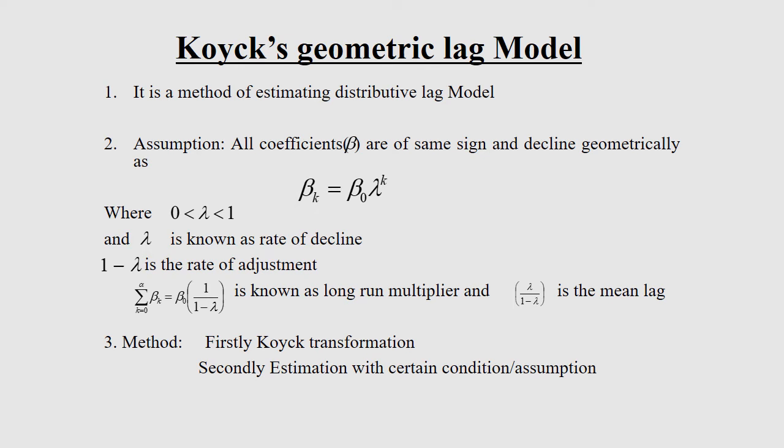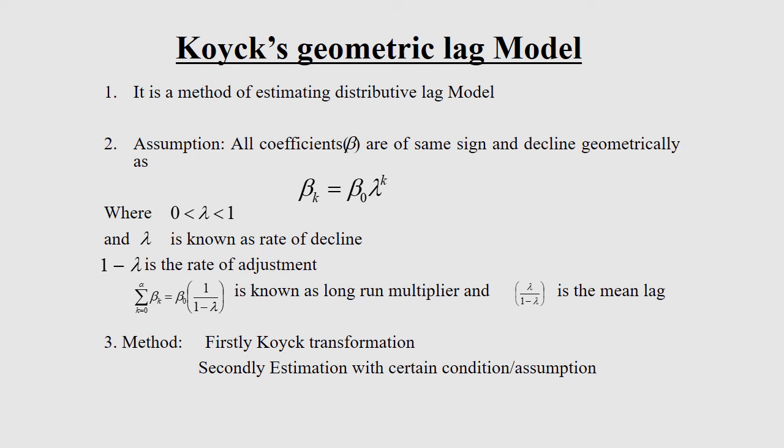And the relationship is like that: beta k equal to beta naught lambda to the power k. Lambda lies between 0 and 1. Lambda is known as the rate of decline because in the assumption it is mentioned that all coefficients are of the same sign and decline geometrically. That's why lambda is known as the rate of decline.